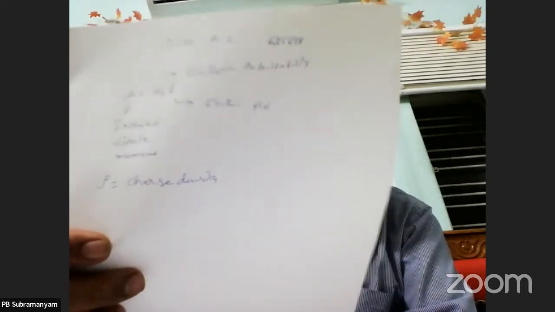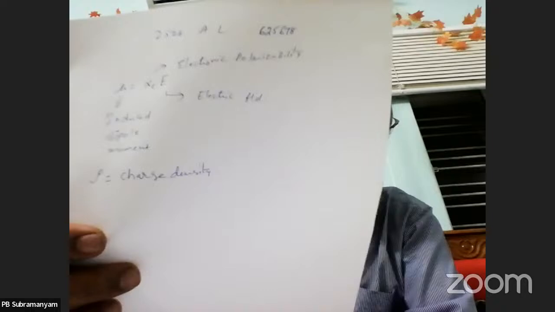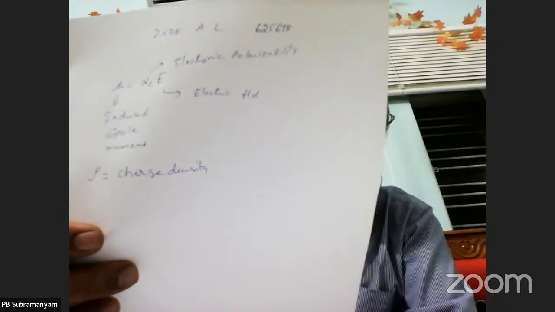Once again, a nucleus of charge Z is surrounded by an electron cloud of charge minus Z, distributed in a sphere of radius r. How do we visualize this? We have a nucleus here, and the electrons are present like this, as I show.